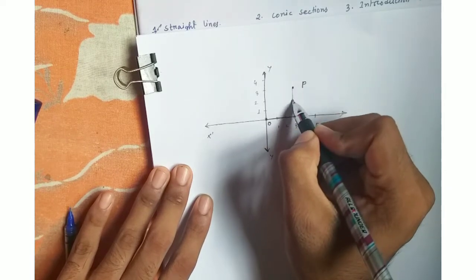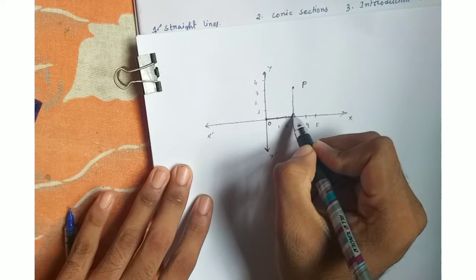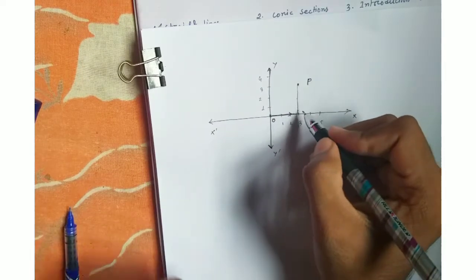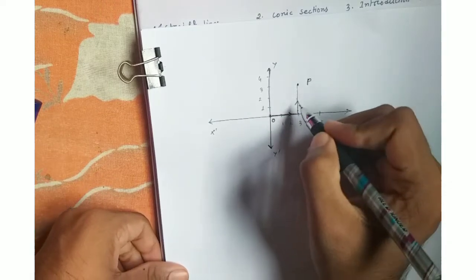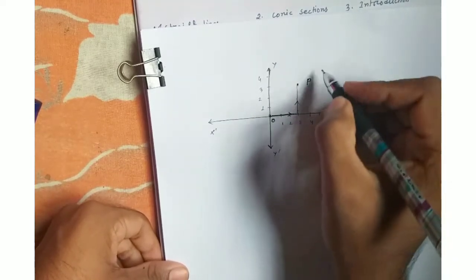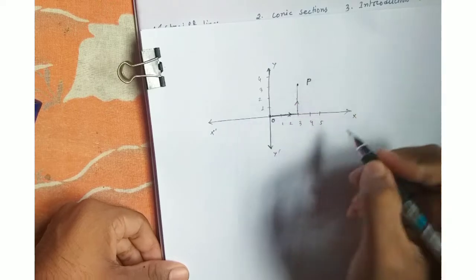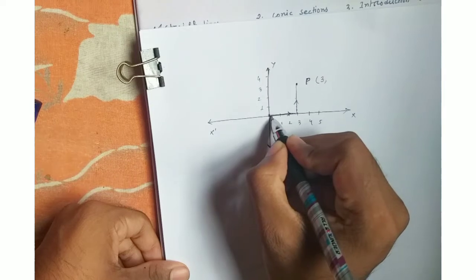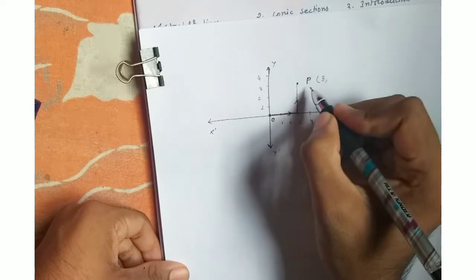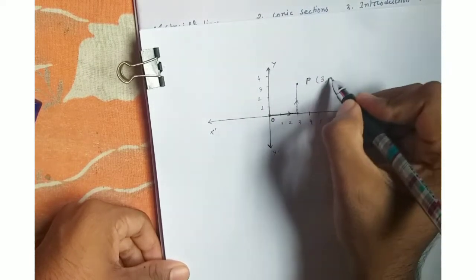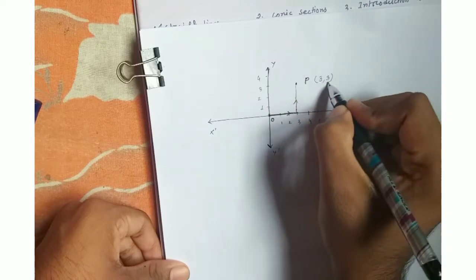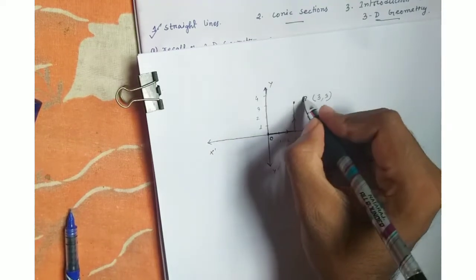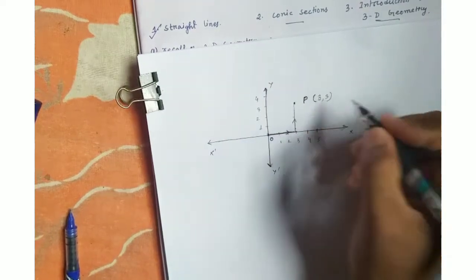So first I go in the right direction of the x-axis, the positive direction, and then I go upward in the y-axis. Then I have the position of the point P. The position from the origin on the x-axis is 3, and y is also 3. So in the Cartesian coordinate system, we write the location of the point P as (3, 3).